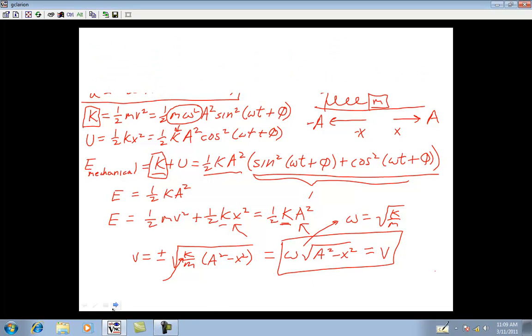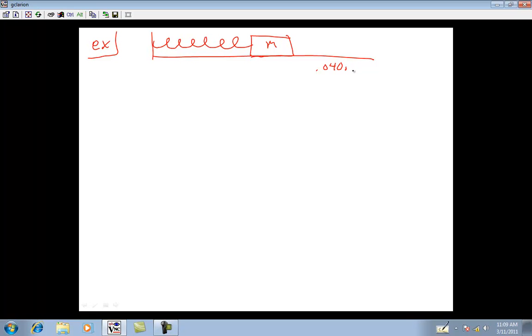So I want to go to this example. Draw this out. I've got once again this long spring, connected to a mass, and it can go out as far as an amplitude of 0.040 meters out to this distance.